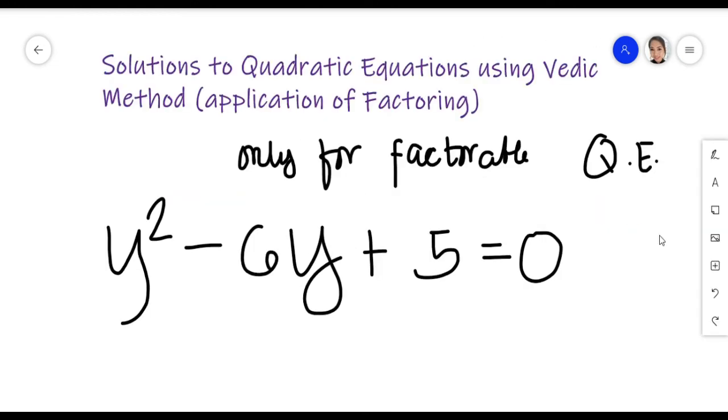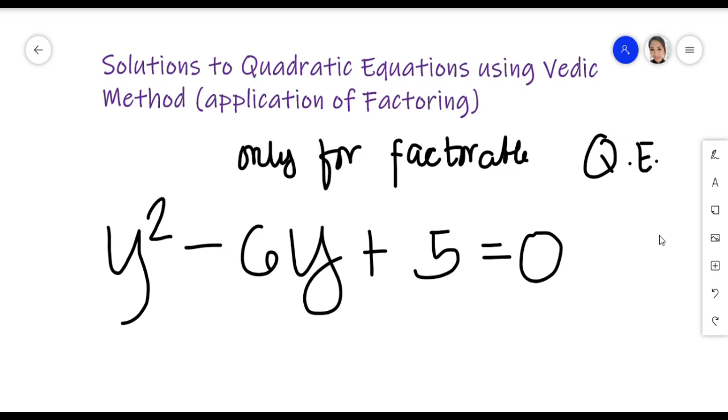So since we already know how to determine if quadratic equations are factorable or not, then we can know whether we can solve the quadratic equation using the Vedic method. Again, the Vedic method in solving quadratic equations is only applicable for factorable quadratic equations.